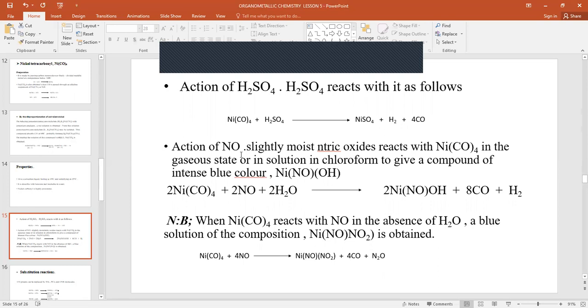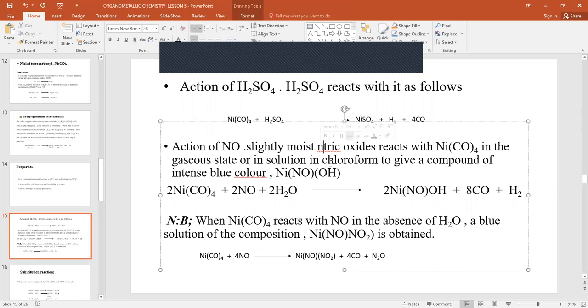Action with nitrogen monoxide, slightly moist nitric oxide. Nitric oxide reacts with nickel tetracarbonyl in a gaseous state or in a solution in chloroform to give a compound of intense blue color.